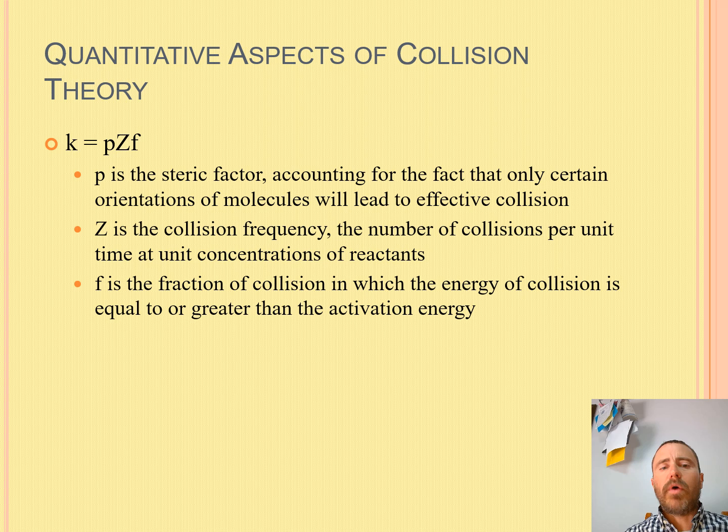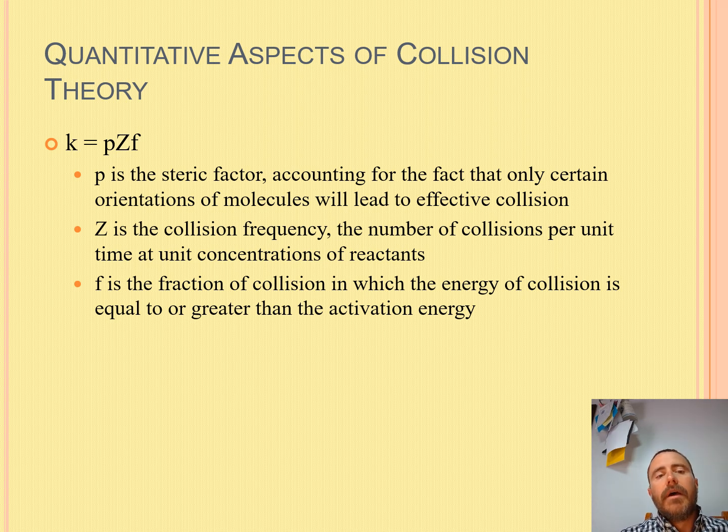What this means is that it depends on the molecules. So the more likely we are to have collisions with the right sterics, the larger that P value is going to be. If it's really complicated to have them be exactly aligned, then you're going to have a smaller steric factor, a smaller P value.